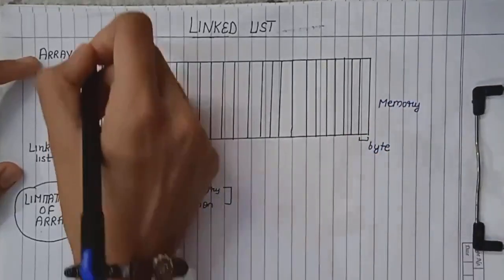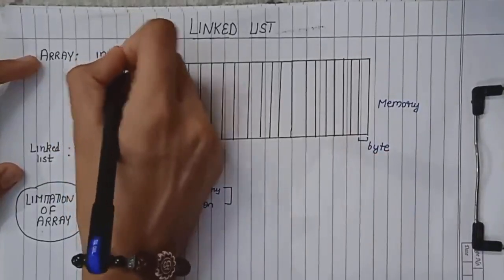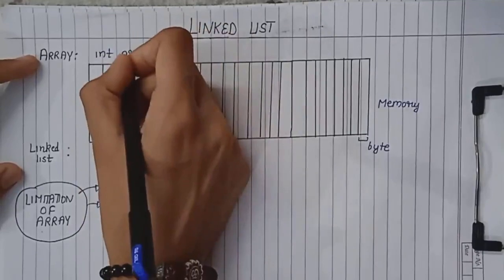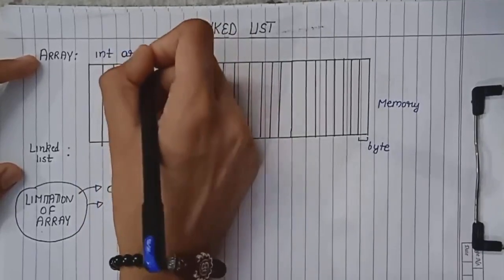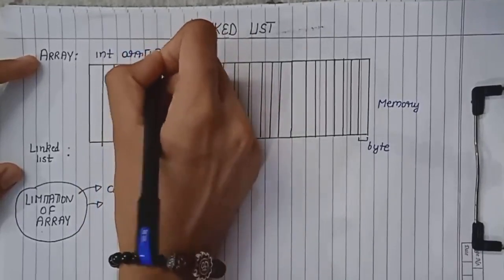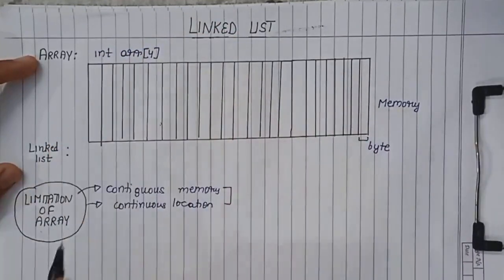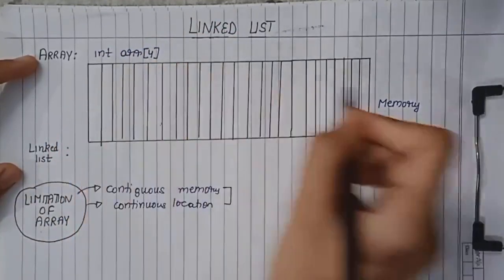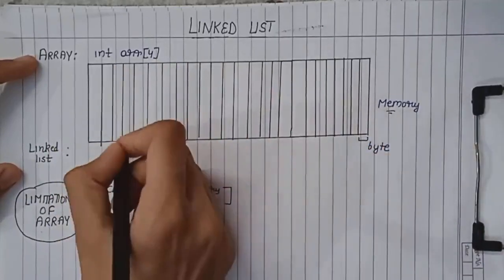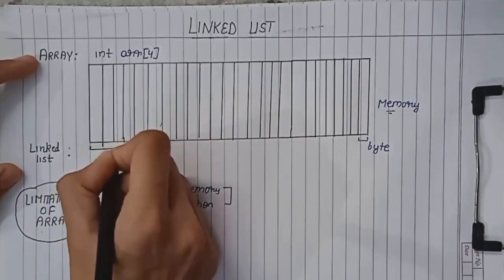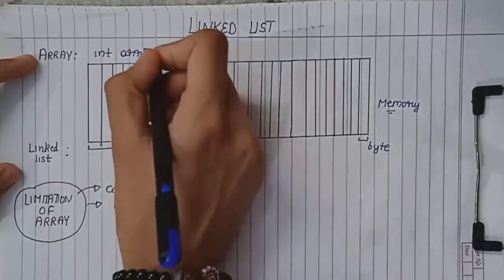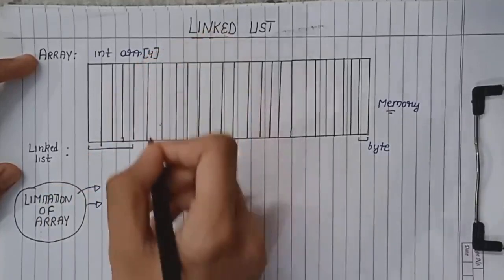Now if I declare an integer type array whose name is ARR, and the size of this array is 4, then what will happen in the memory is that these blocks will be allotted to this array.